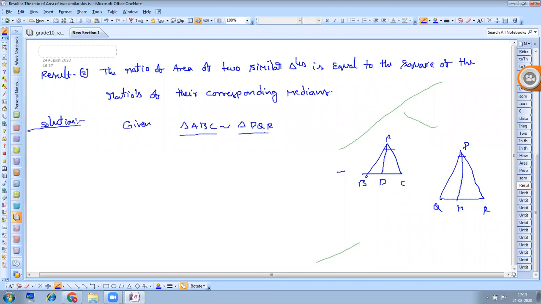From the given data, angle A is equal to angle P, angle B is equal to angle Q, angle C is equal to angle R. From here, AB by PQ will be equal to BC by QR will be equal to AC by PR. So this is the given data, and AD and PM are medians.